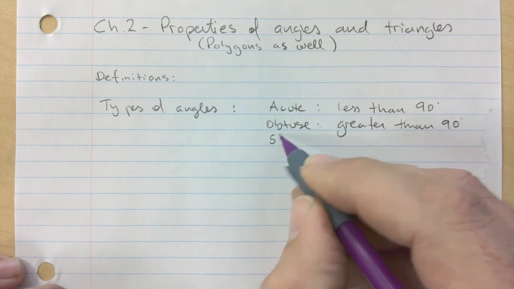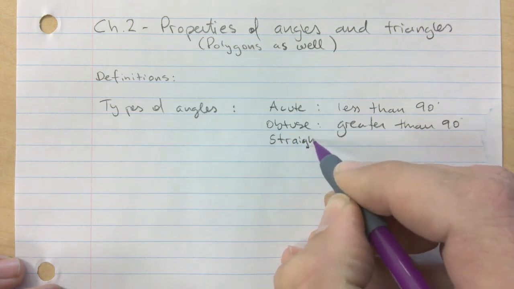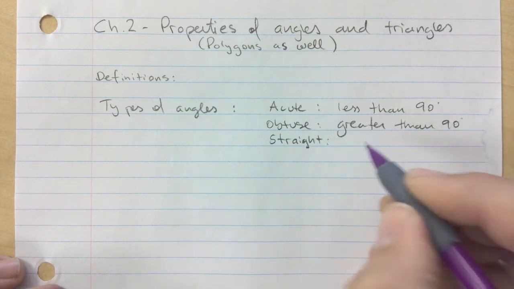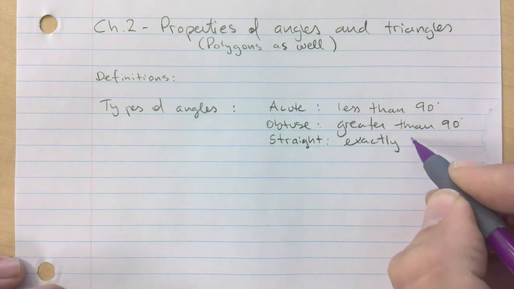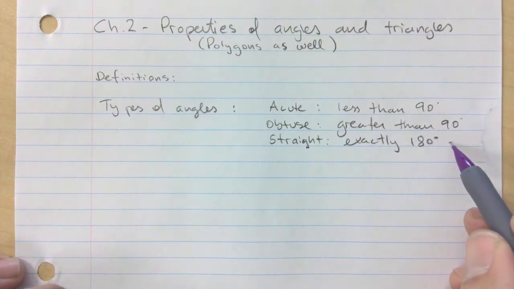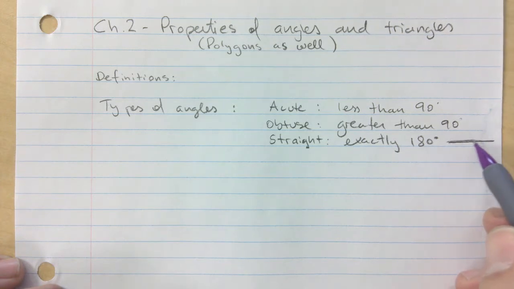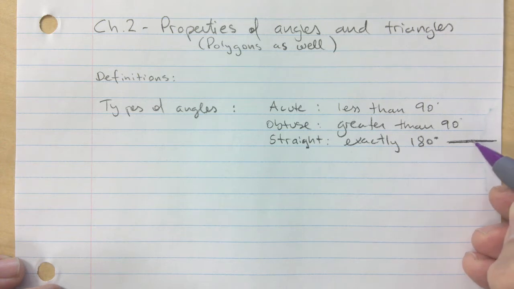Got straight. A straight angle would be if you consider a straight line. If you pick any point on this line and measure the angle, it's 180 degrees, okay?